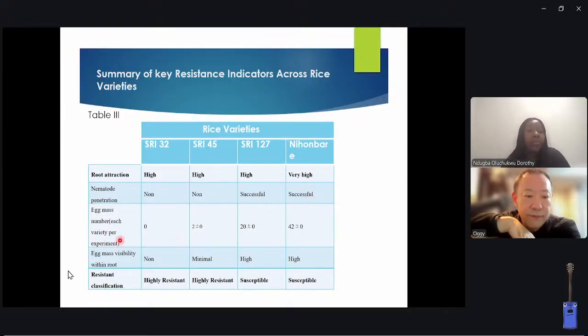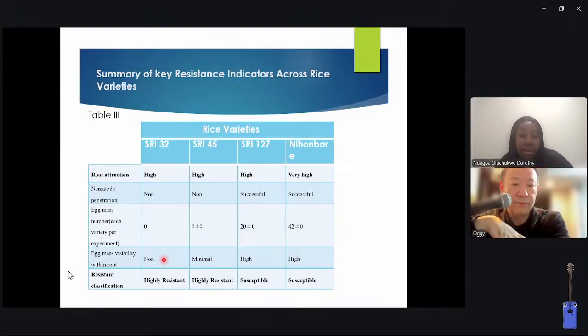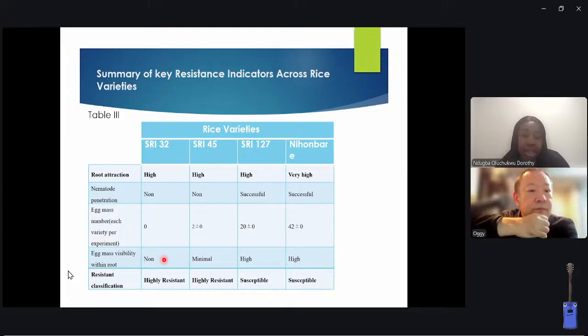Then these are the number of egg masses per experiment. So these are the numbers we got. And for egg mass visibility without roots, none was seen in 32. It was minimal in 45. It was high in 127, and it was also high in Nihonbare.